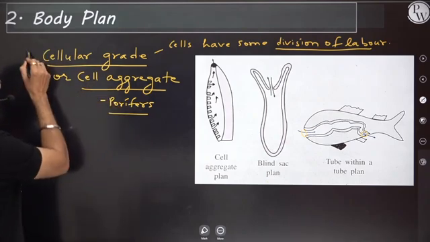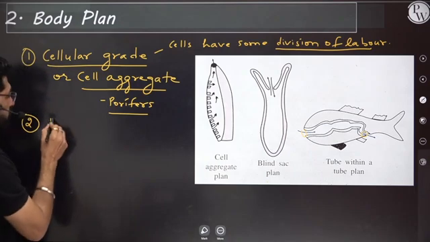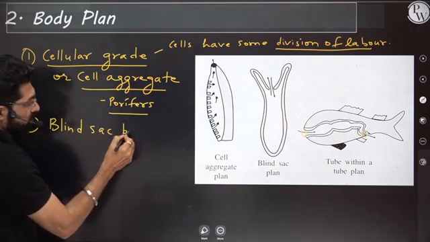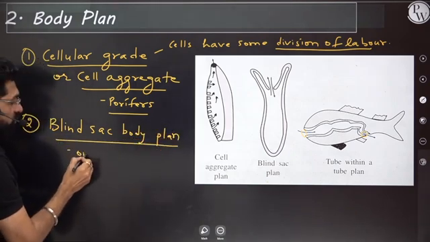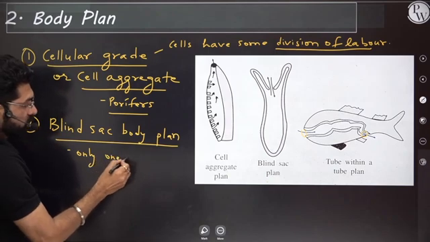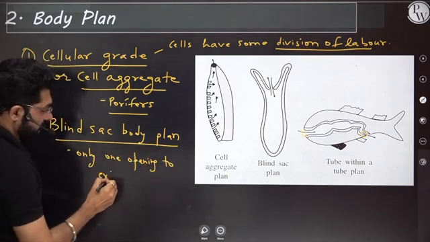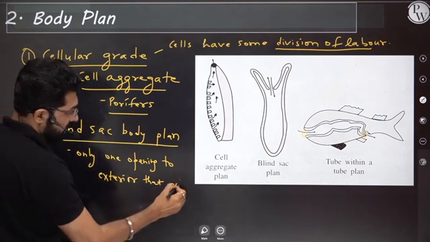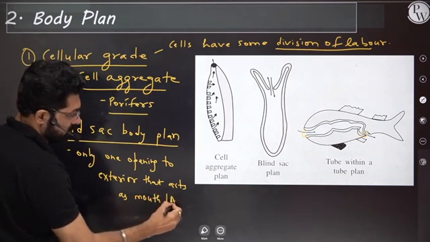Next comes the blind sac body plan. What is that? Blind sac body plan means only one opening is there, only one opening to the exterior, that acts as mouth and anus.